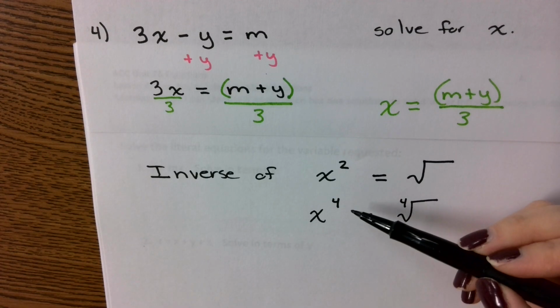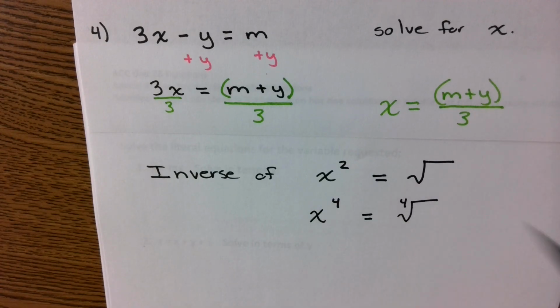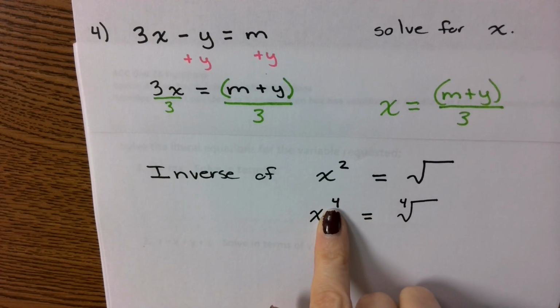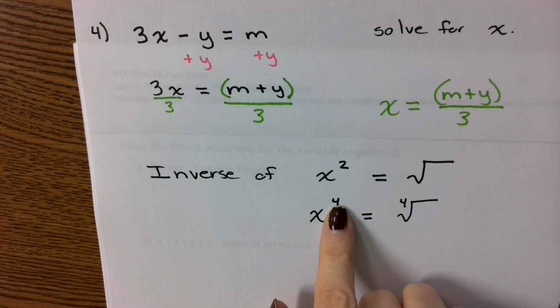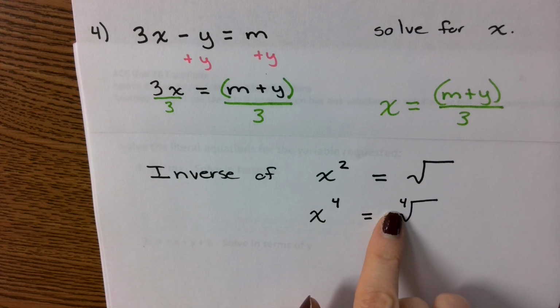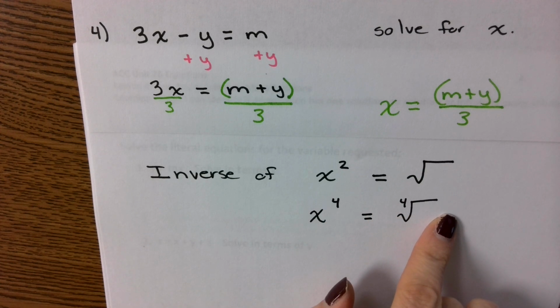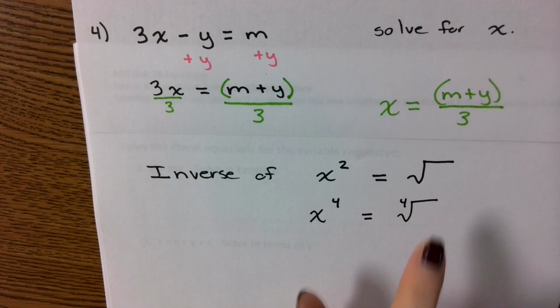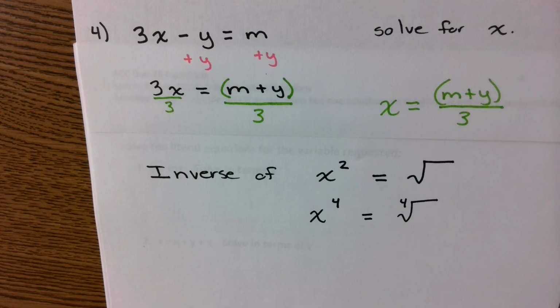So what it means is when you're doing an inverse, if you're taking an exponent, the inverse would be the reciprocal of that exponent. Well, the reciprocal of 4 is 1 over 4. 1 over 4 is a fourth root.